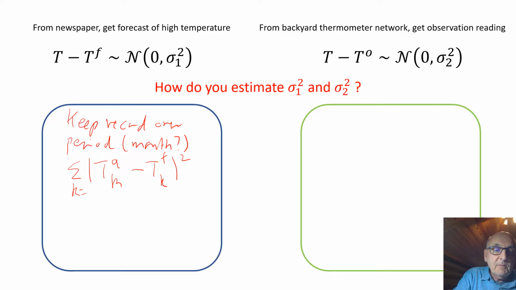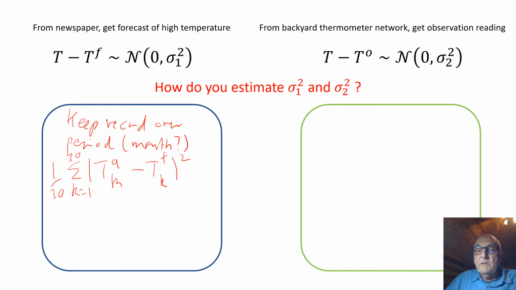If we do it over a month, then we go from K equals 1 up to say 30, and then we would multiply by 1 over 30. So that's basically a sample covariance. And if we do it with a large enough sample, and if there's no statistical bias, then we could imagine that the mean would be 0.